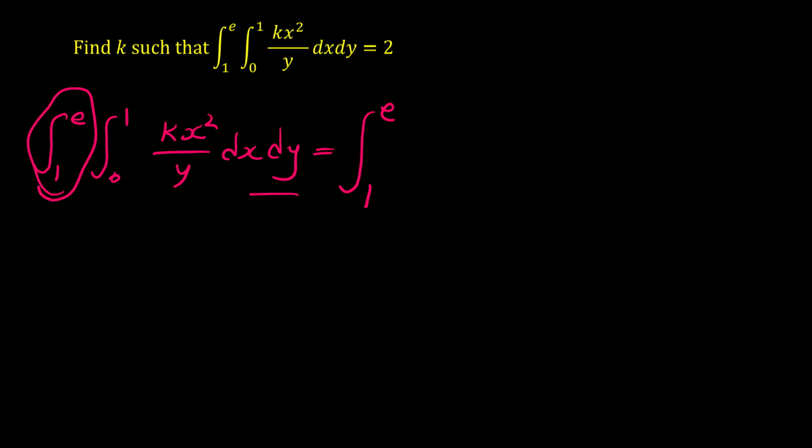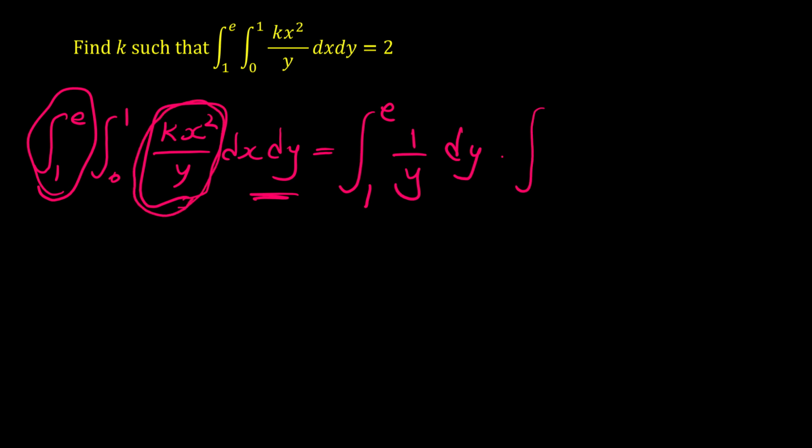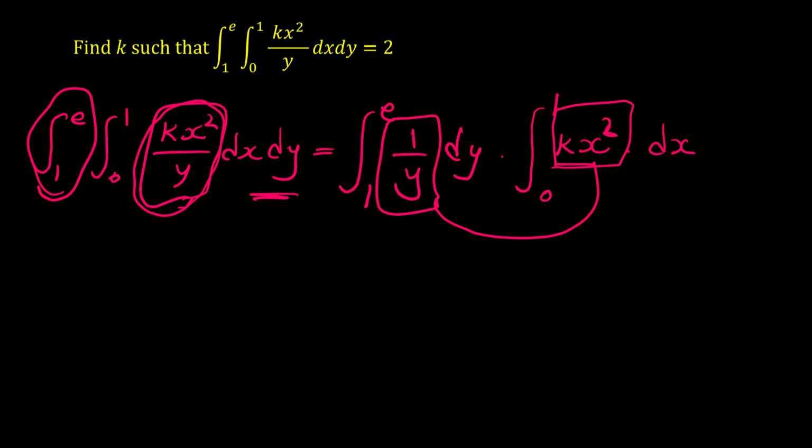These limits are for y, so dy, and the part of this which is related to y is only 1 over y. And from this expression, kx to the 2 is in terms of x, dx from 0 to 1. Please attention, if we multiply kx to the 2 by 1 over y, it is the original expression that we had in this double integral.